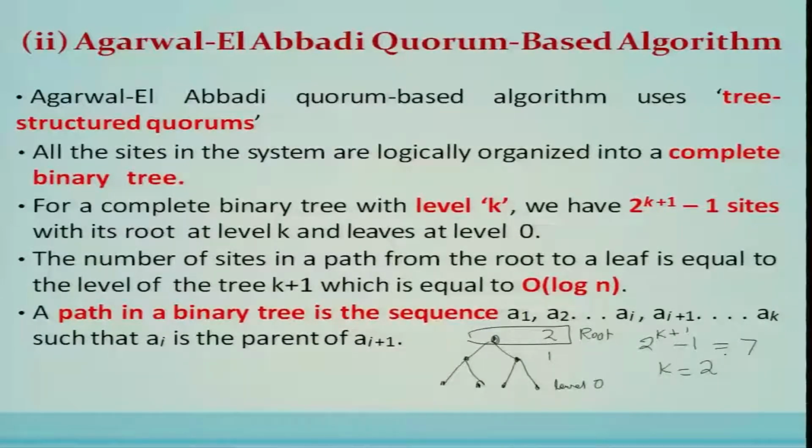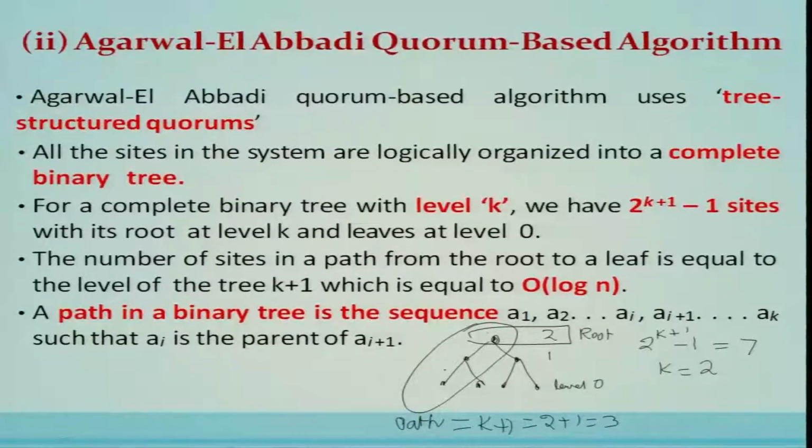The number of sites in a path from root to leaf is equal to k plus 1, which here is 3.